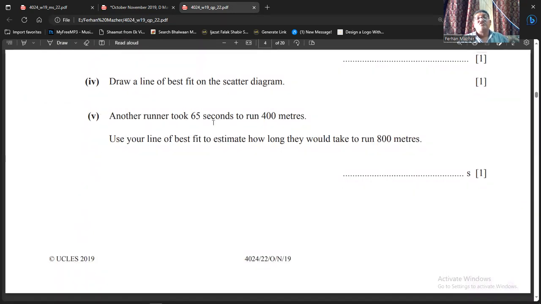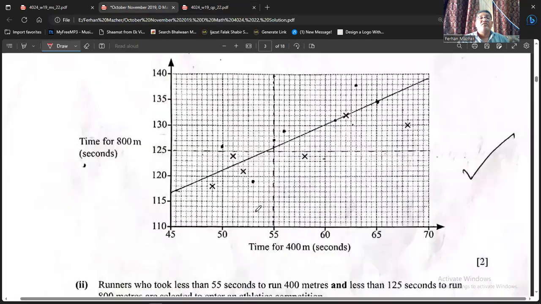And another runner took 65 seconds to run 400 meter. Use your line of the best fit to estimate how long they would take to run 800 meter. Okay. 400 meter race, he took 65. So we go here. So from here, I will go, he is here somewhere.